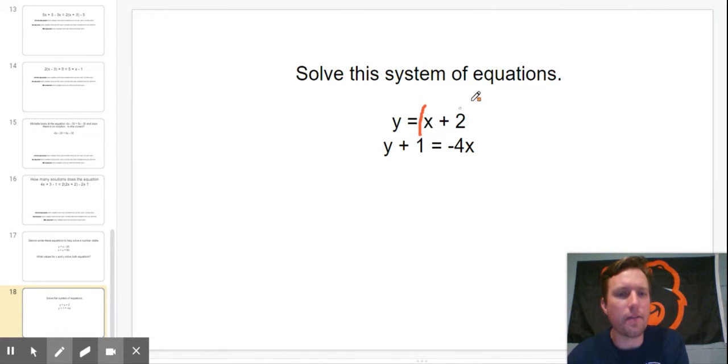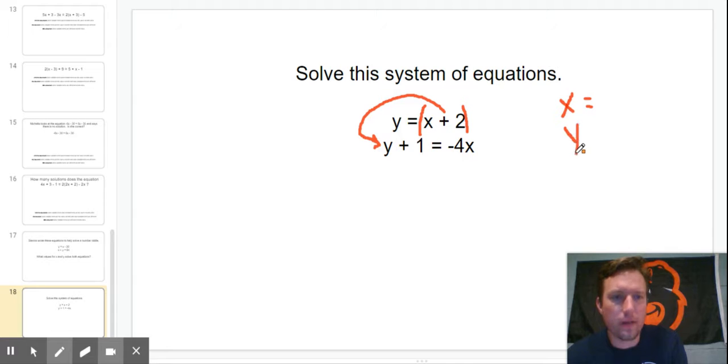Substitution is when you take this term, x plus 2, and substitute it in y, because it says right here, y equals this. And we know that we're trying to solve for, at the end of the day, x equals a value and y equals a value. So what we're going to do is substitute x plus 2 into y, and that's going to help us solve it. Let me show you how.